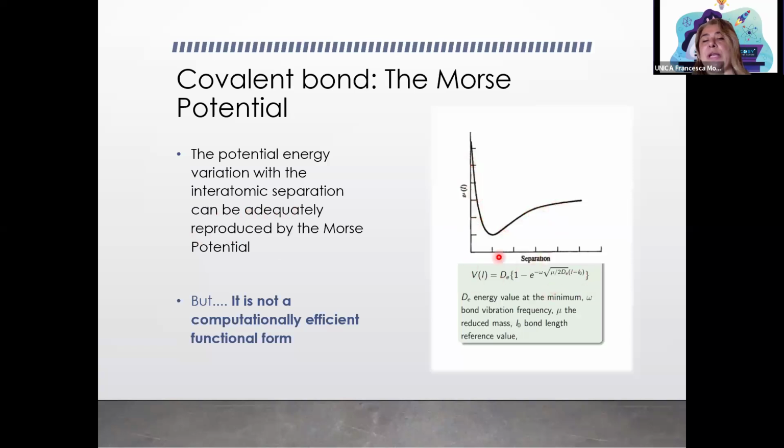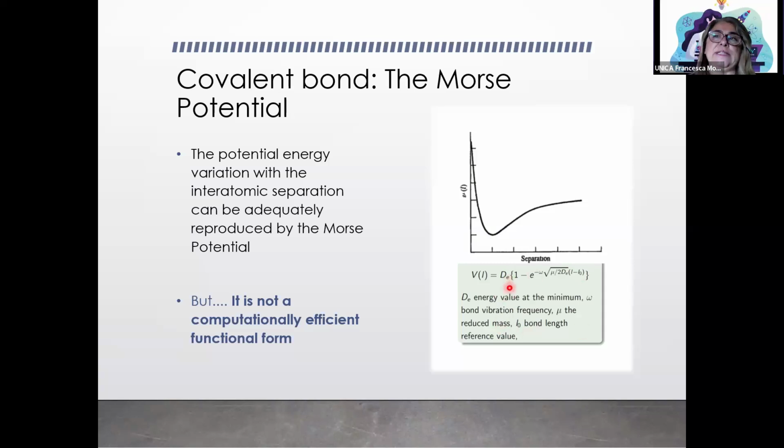The Morse potential has this mathematical expression where D_e is the energy value of the minimum, omega is the bond vibration frequency, mu is the reduced mass, and L0 is the reference value for the bond length. So here I go back to the concept I said previously.